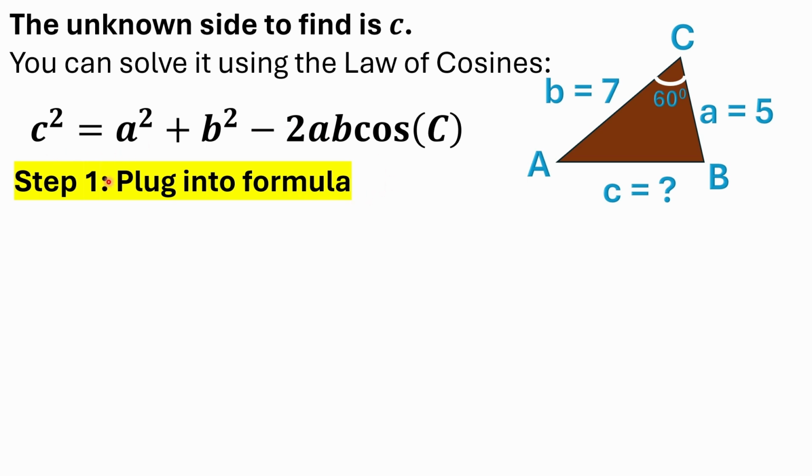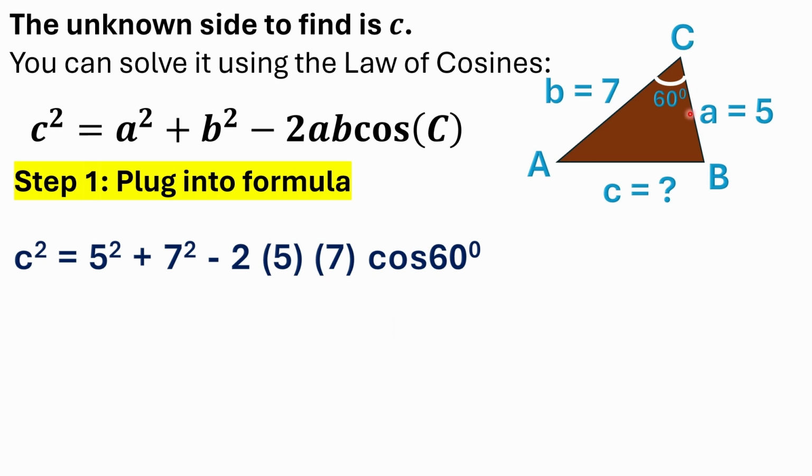So we're going to substitute the values of a, b, and cosine C. Since our unknown side is side c, we rewrite c squared equals 5 squared plus 7 squared minus 2 times 5 times 7 times cosine 60 degrees.